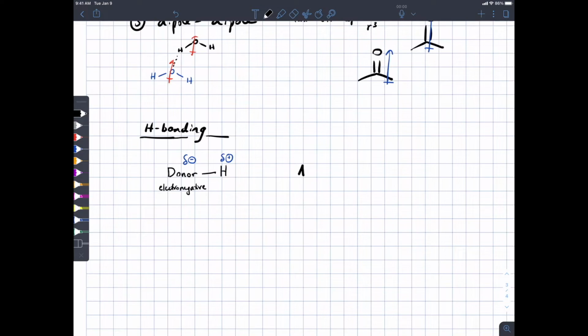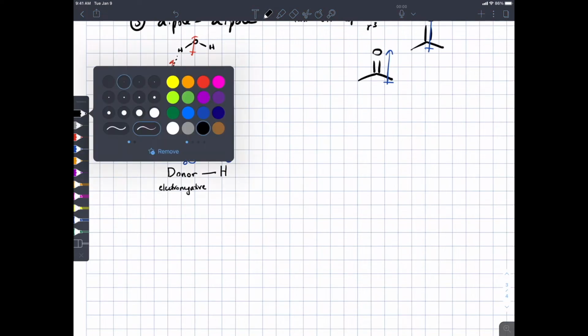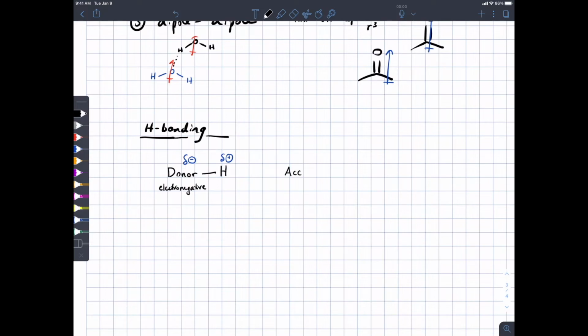And then you have an acceptor, and the acceptor is also usually electronegative. Usually it has lone pairs on a heteroatom, and usually it has a partial negative charge. It usually approaches the hydrogen in such a way as to engage in the dipole-dipole interaction. I'm drawing the dipole for the donor, and then here's the dipole for the acceptor. Okay?